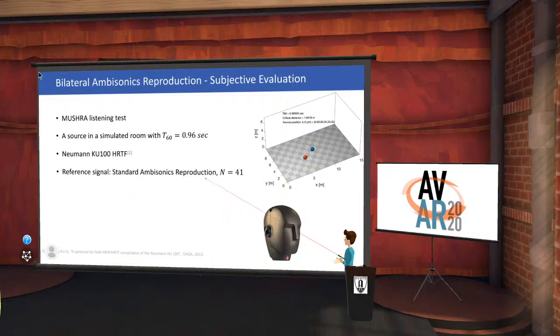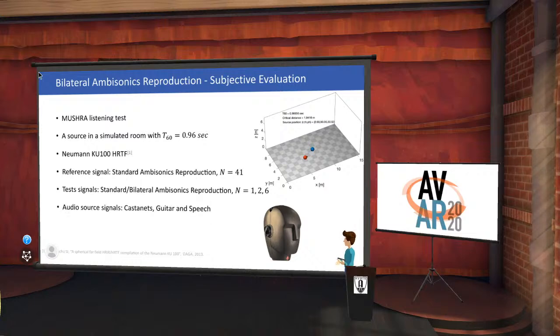As a reference signal, we used the standard ambisonics with a high order, N equals 41. For test signals, we have the standard and bilateral ambisonics reproductions of orders 1, 2, and 6. So in total, at each MUSHRA screen, we have 7 different signals: 6 test signals and 1 hidden reference.